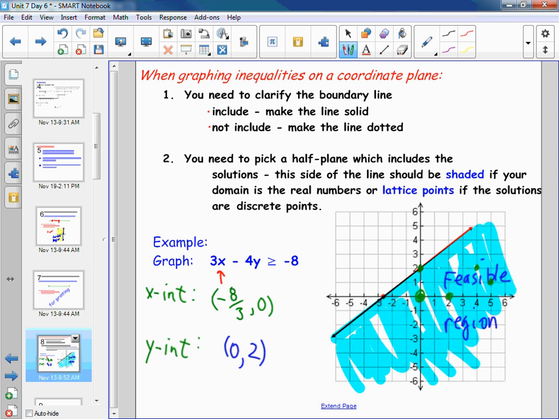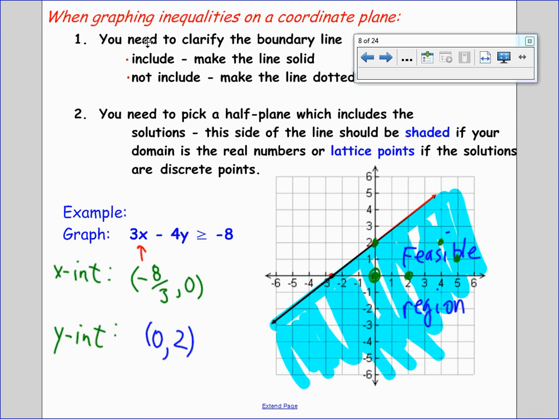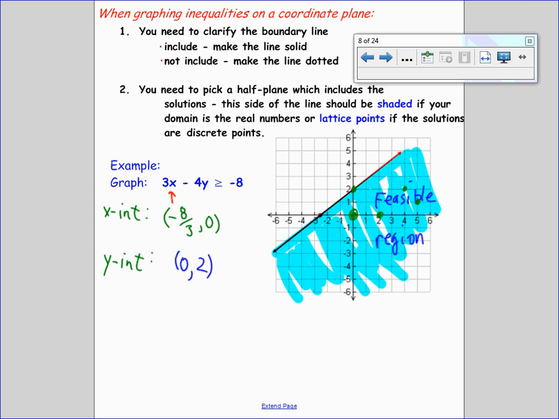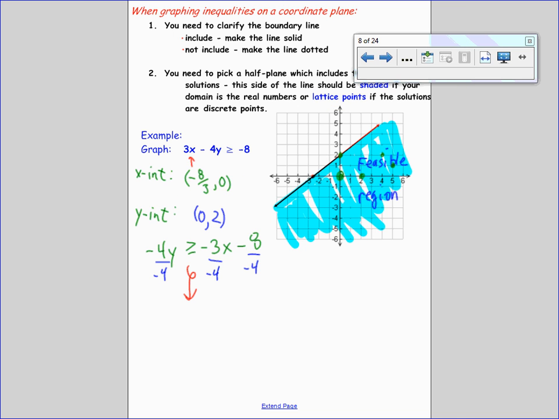Okay. The second way to do this problem would be to solve for y and graph using slope-intercept form. And so we could rearrange that. If we wanted to do this a different way, we could rearrange this by subtracting over the x term, dividing everything by negative 4, and when we divide by a negative, we need to change the direction of my inequality statement.